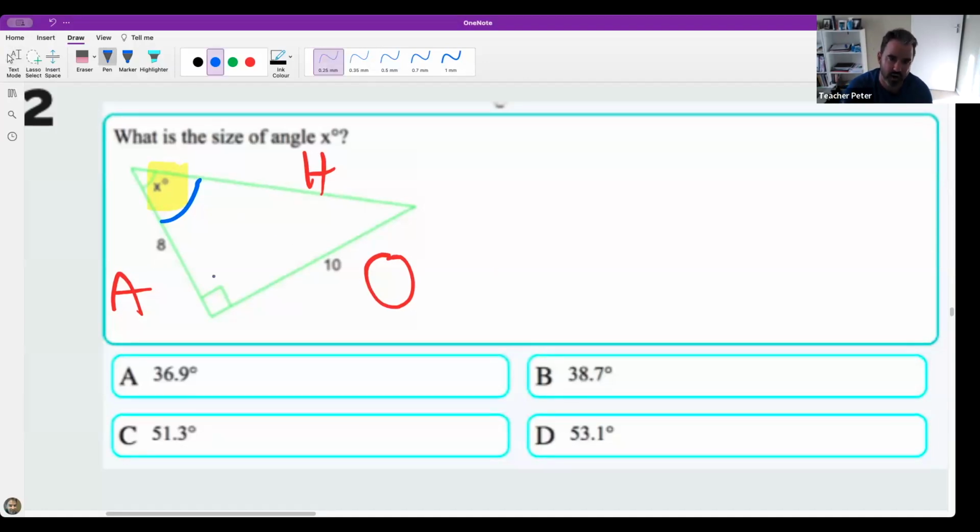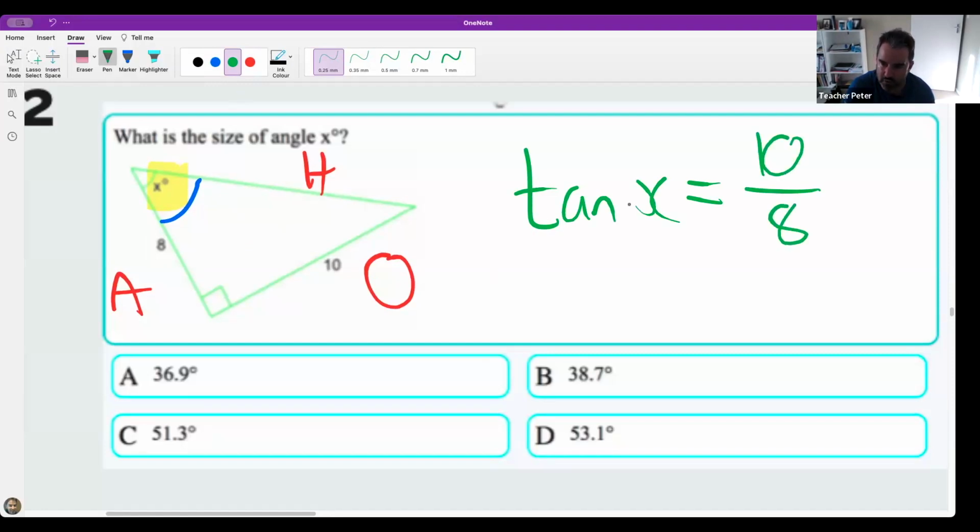So I need to use a trig ratio that has O and A involved. So I'm going to write the tan of X is O over A, or 10 over 8.